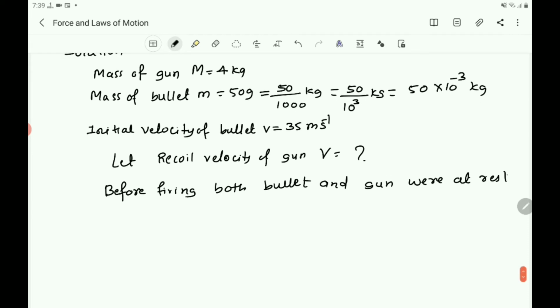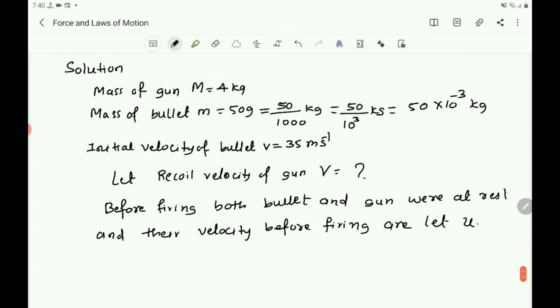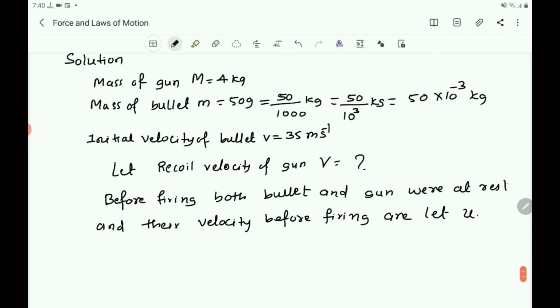Therefore, here you can have that, and let their initial velocities before firing be capital U and small u.